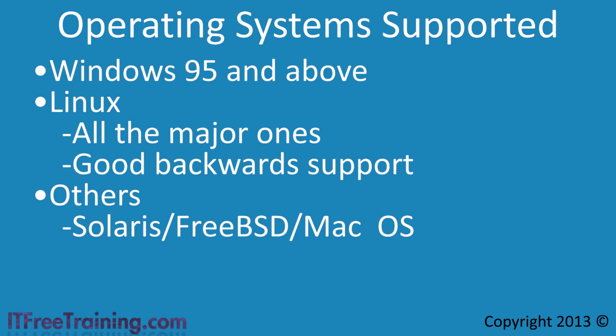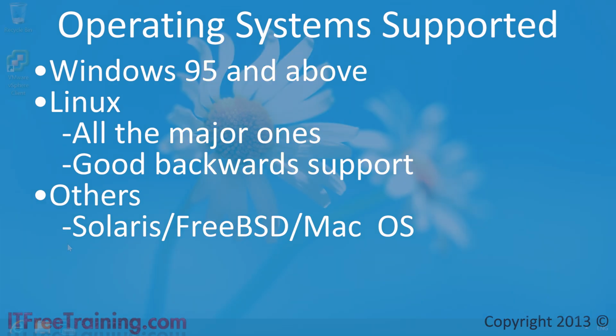All the major ones are supported, and Linux has been supported for a long time, so there is a good chance that if you are using an old distribution, it is supported as well. VMware Tools is also supported on alternative operating systems like Solaris, FreeBSD, and Macintosh. As you can see, there is a lot of support for virtual machines using VMware, and one of the reasons why it is the market leader in virtualization technology.